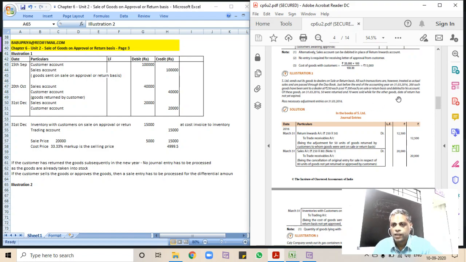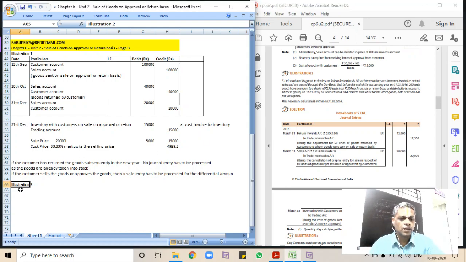Just before the end of the accounting year, on 31/3/2016, 200 such goods have been sent to the dealer at rupees 250 each. Cost is 200 each on sale or return basis and debited to his account. Of these goods, on 31/3/2016, 50 were returned and 70 were sold, while for the other goods the due date of return has not yet expired. And similar question to what we saw in the first illustration.